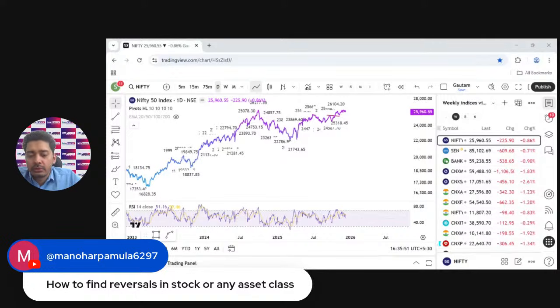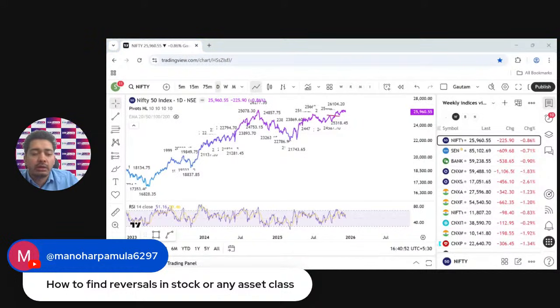There is no 100% way that you can tell that a particular stock has made a bottom. You have to take a position once the chart structure gives you the indication of a reversal. You have to have a bit of understanding of technical analysis, wherein you have read these classical technical reversal patterns.